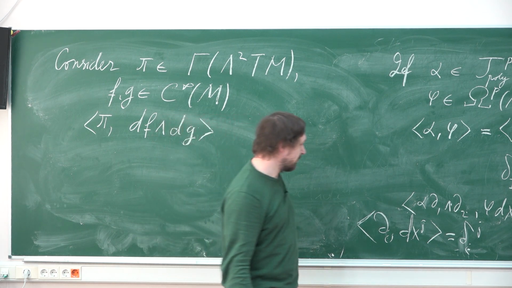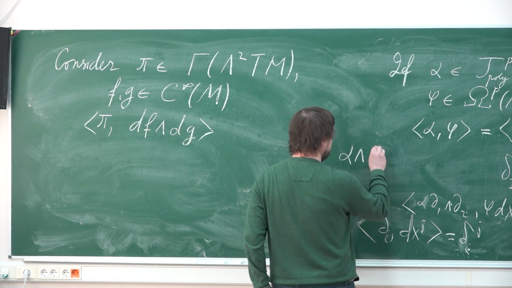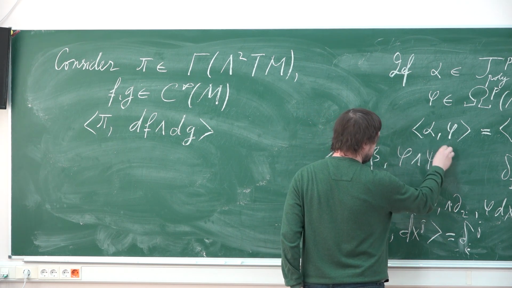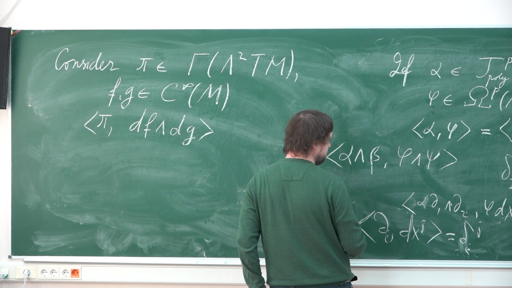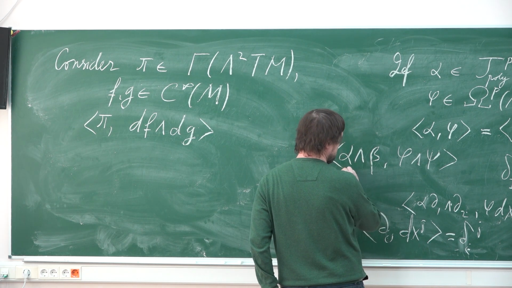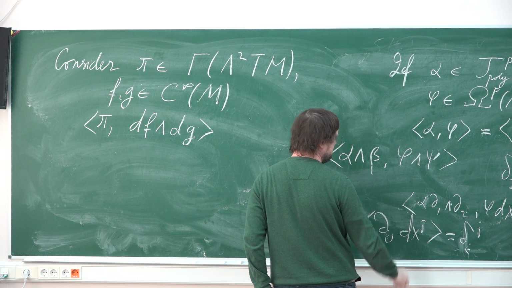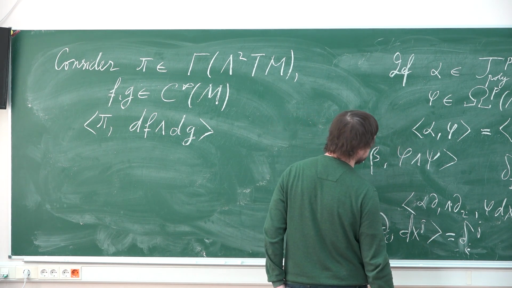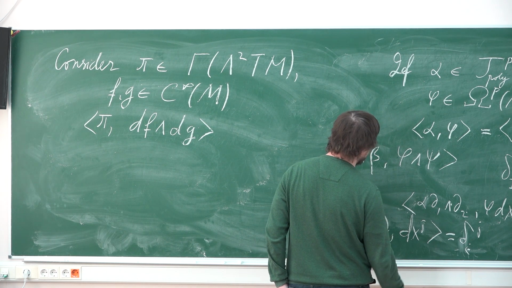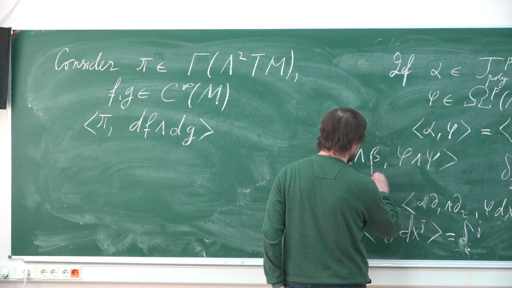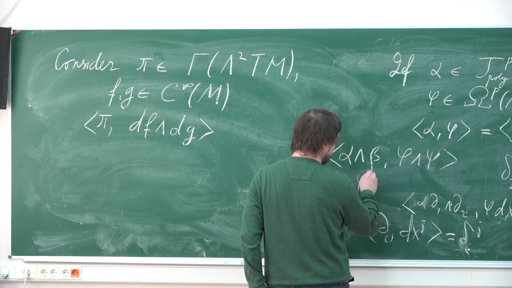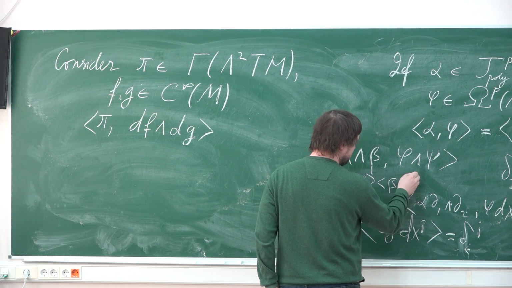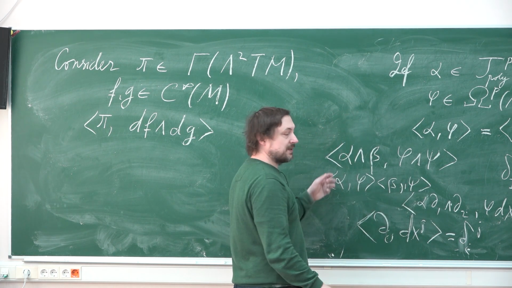We want to know that when we have alpha, beta on the left and phi, psi on the right, then the terms like alpha phi times beta psi will appear in this pairing.